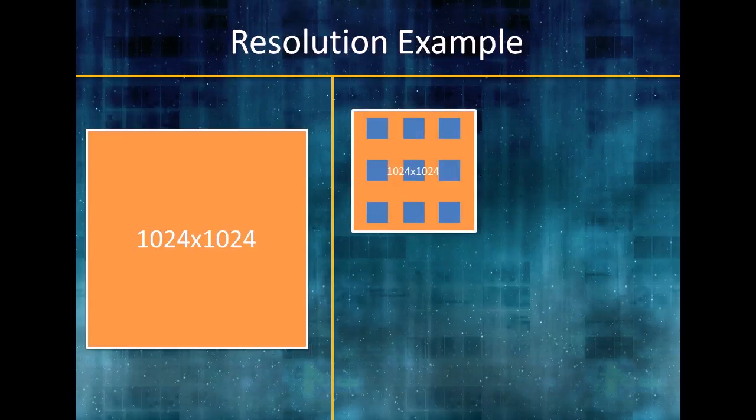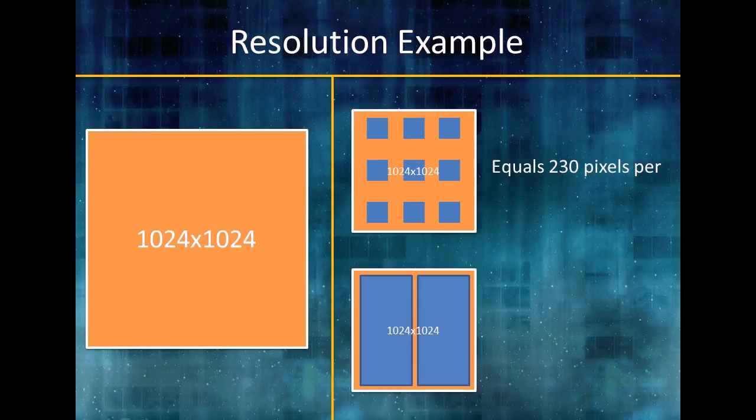If that resolution is split up between 9 unique objects, each unique object on average will receive 230 pixels per object of the texture resolution. But let's say that each unique object can be split into 2 groups and copied and instanced across your level. Those 2 groups will receive 1024 pixels per object, a huge increase in resolution.